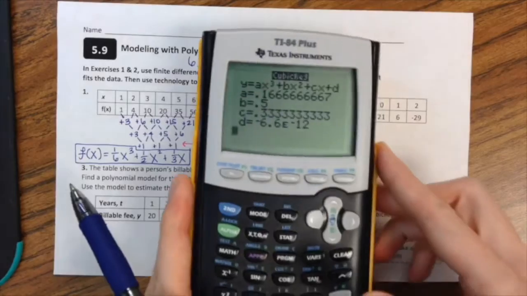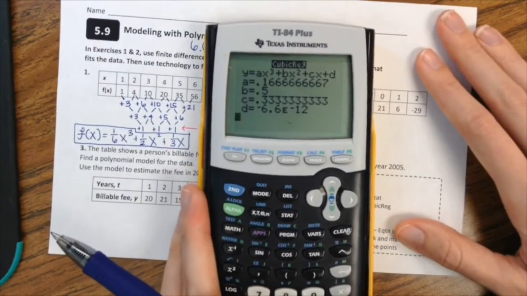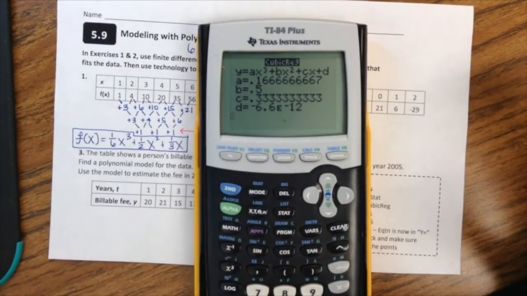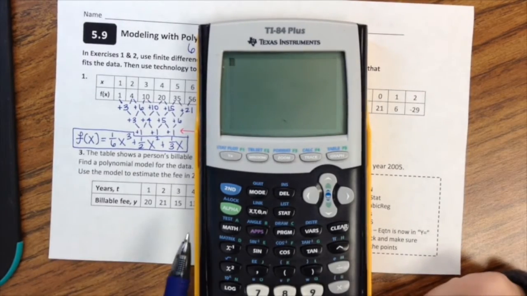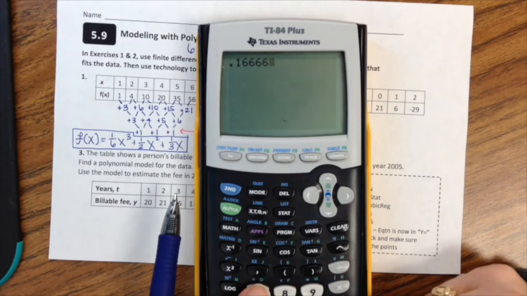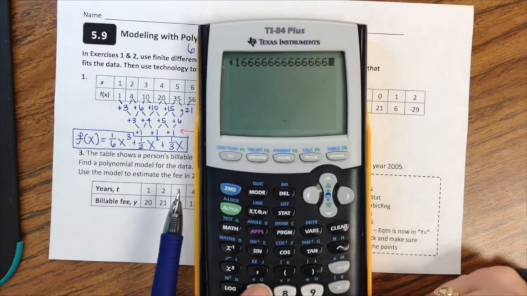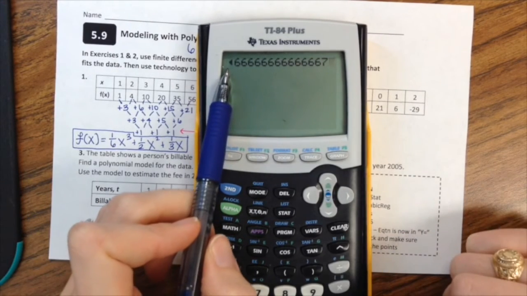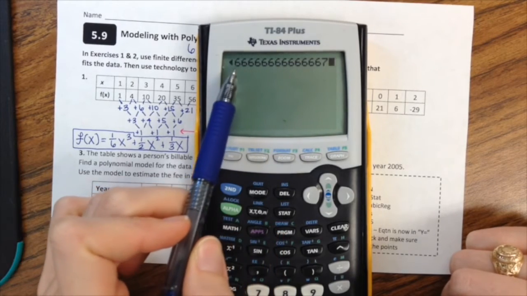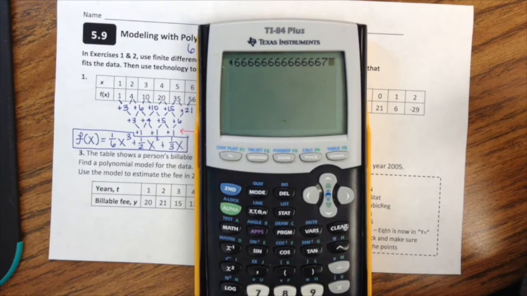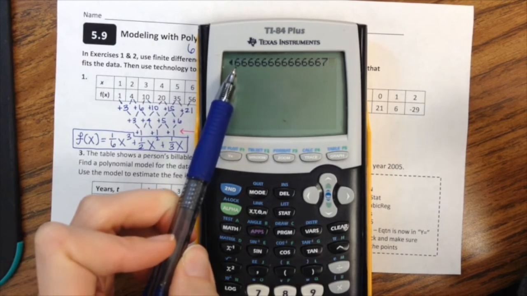Now, let's say you didn't know that 0.1666667 was 1/6. Well, go back to your home screen, and I'm going to type in that decimal. And this might seem like overkill, but you want to make sure that the entire top row is filled with the same repeating decimal. Your calculator only recognizes it as a repeating decimal when it happens like more than 9 times.